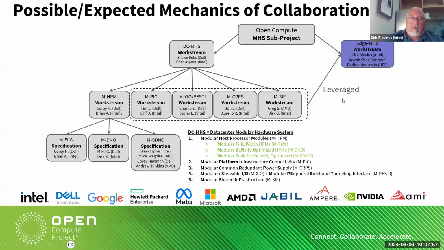When we look at the structure and the way things are shaping up, we haven't finalized this, but it's moving in this direction, and I do believe this is the way it'll end up. The DCMHS sub project will likely be renamed to the MHS sub project, and underneath it you will have the DCMHS work stream and the Edge MHS work stream.